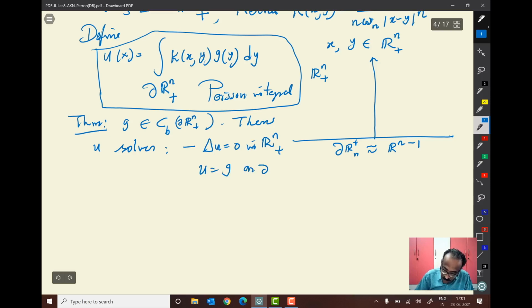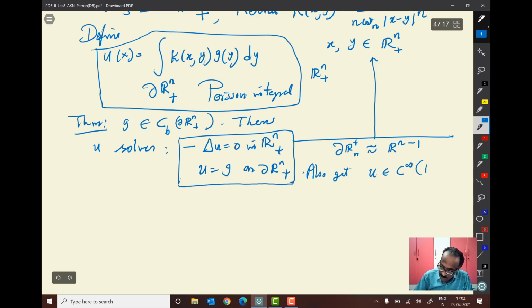So you have proved an existence result using that fundamental solution, because we explicitly constructed the Green's function. Using that you have solved this, and in fact we also get that u is a C infinity function. So you actually have more smoothness. That's a property of your Laplacian. So you have proved one existence theorem.